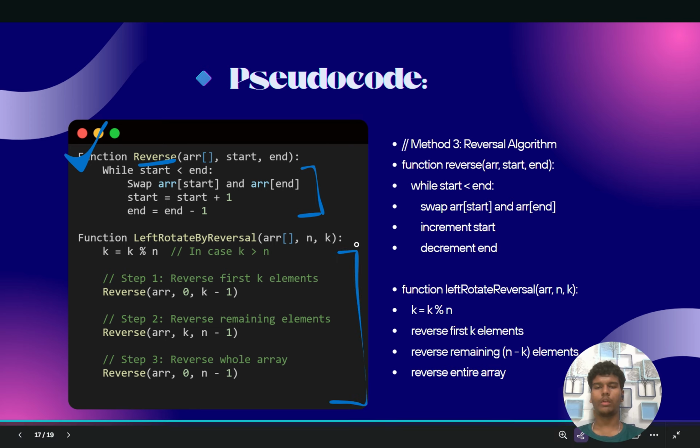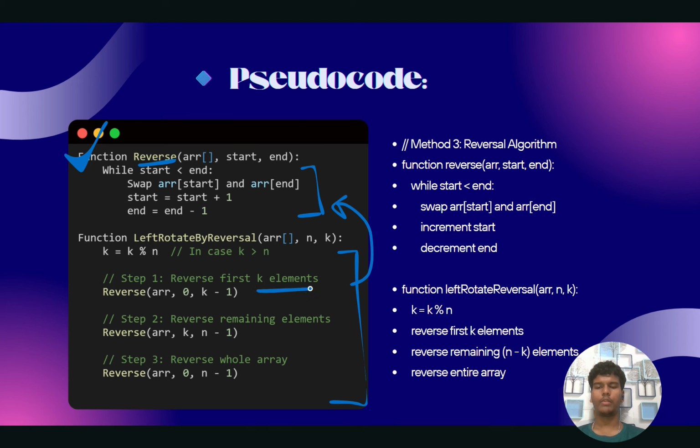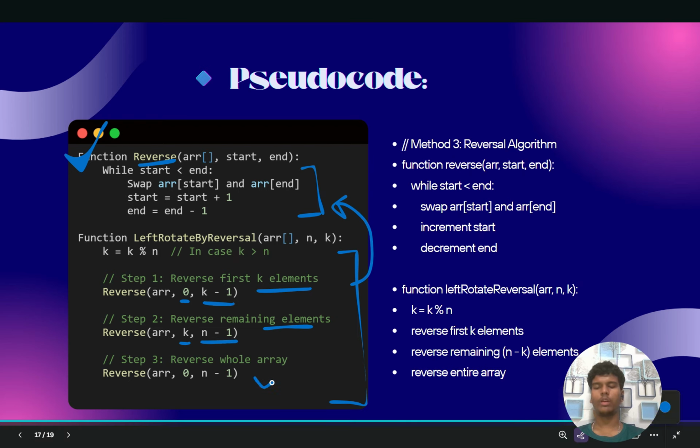We are calling the function reverse in this function for reversing the first k elements, which starts from 0 and goes to k minus 1, and for the remaining elements, reverse, which starts from k and goes to n minus 1. Then for the last step we reverse the whole array.